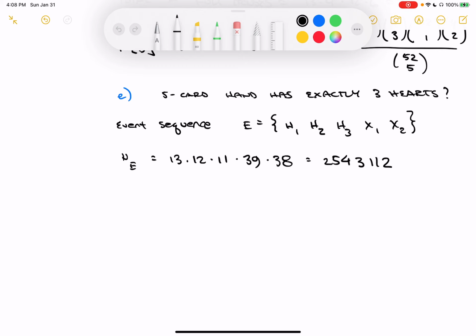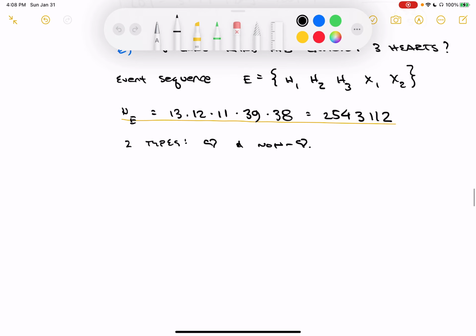You can think of this as having two types, hearts and non-hearts. If I want to know the total, I'm going to say n total, and I want to find that n total, I can take that event sequence, but I also know I could have any of the different mix-ups of this.